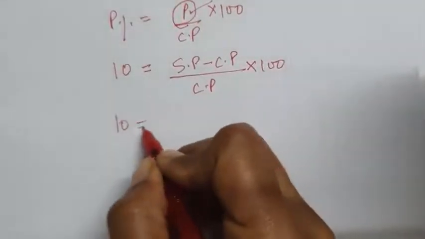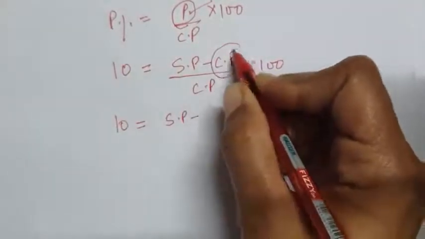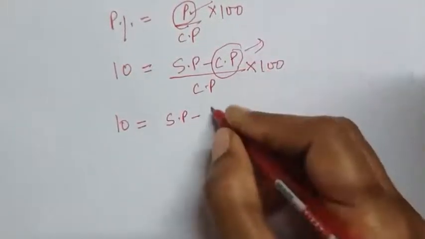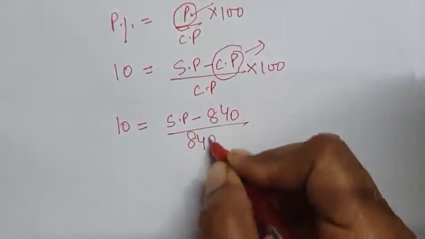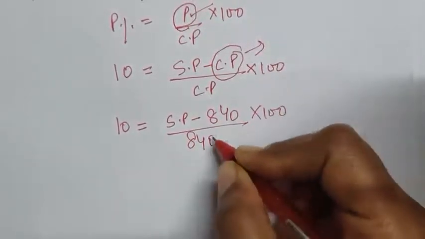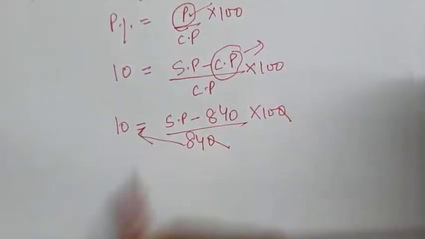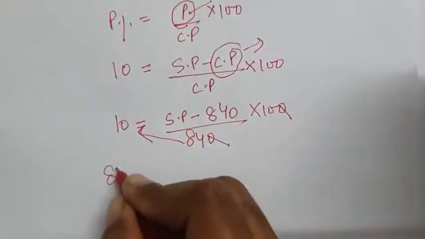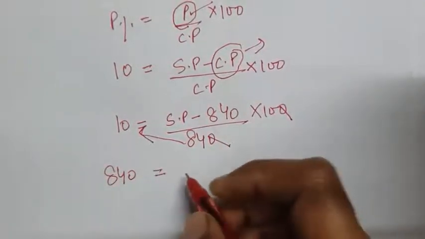Profit 10 is equal to selling price minus cost price, that is 840 rupees. Put the value: upon 840 multiply 100. Cancel the 0s. 840 we can shift to that side. This will become again 840 multiplied by 10.